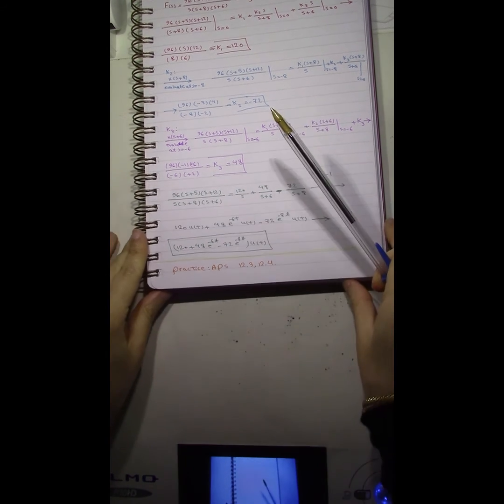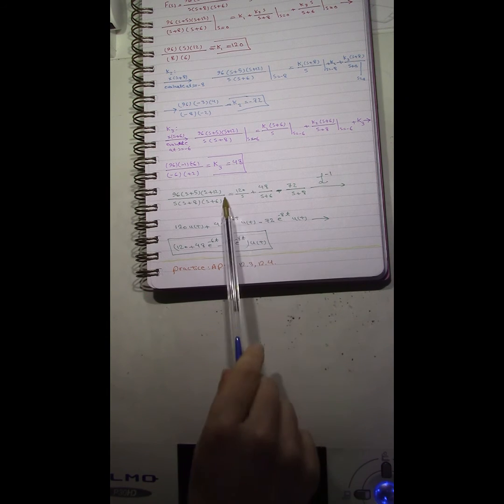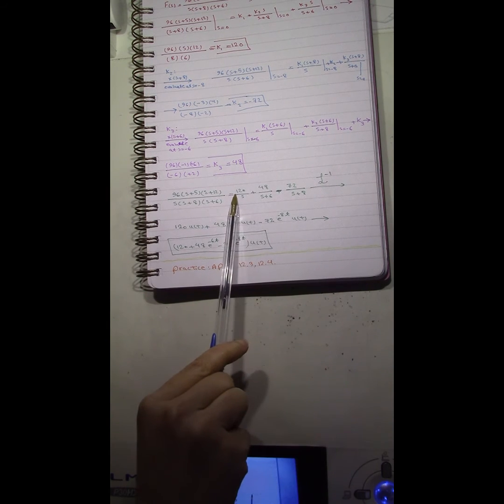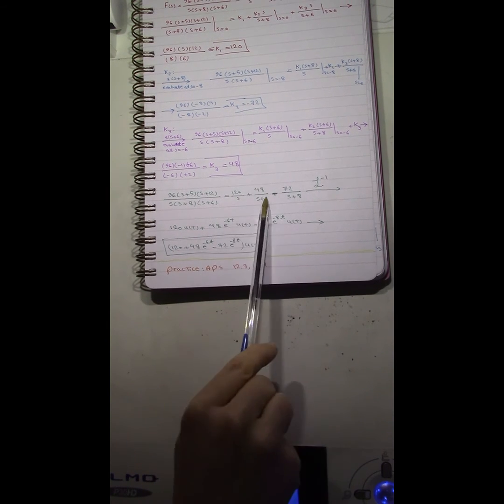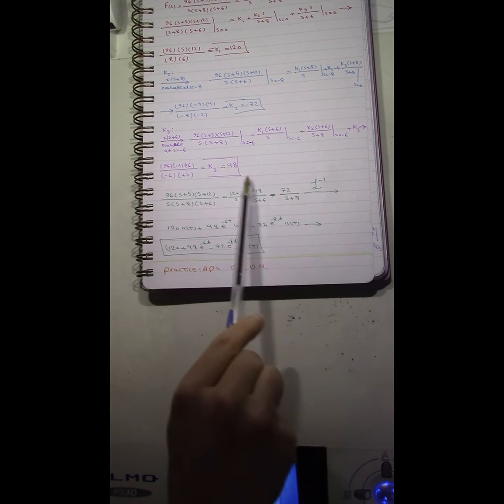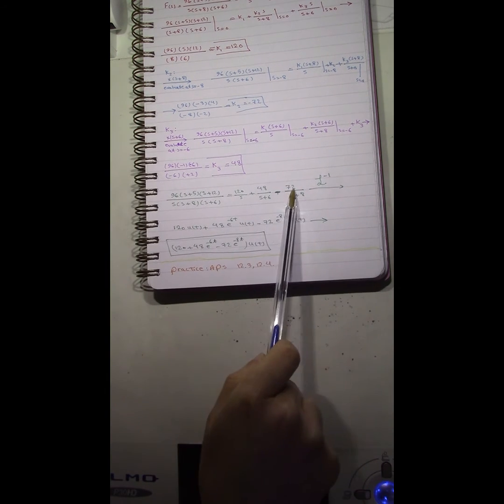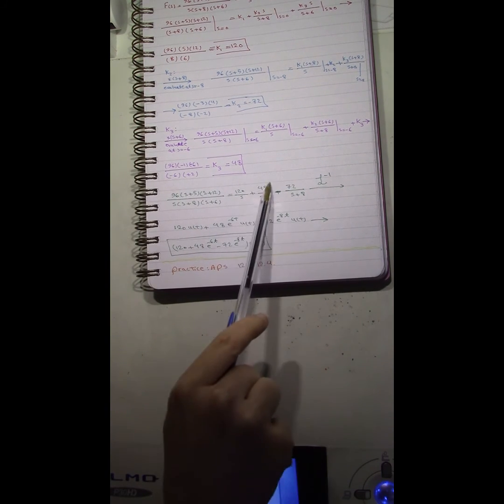So K3 will be 48. So you have this equation: K1 is 120 over S, plus K3 is 48 over S plus 6, and K2 is minus 72 over S plus 8.